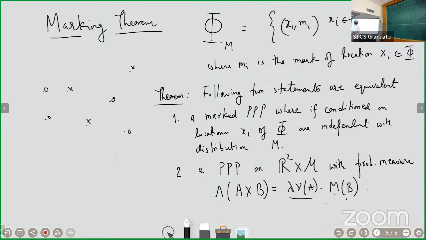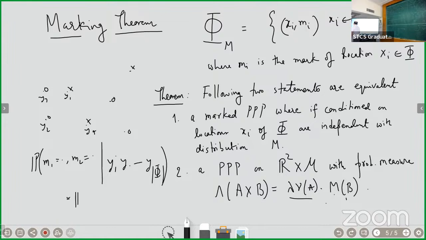So if I fix the location here, y1, y2, y3, what you're saying is mark 1, M1, probability of M1 given by 1 on the way.